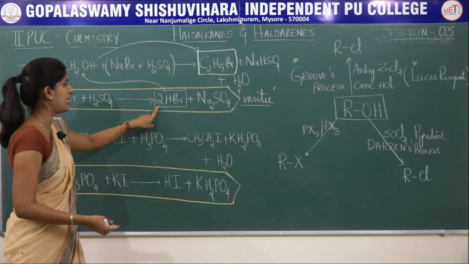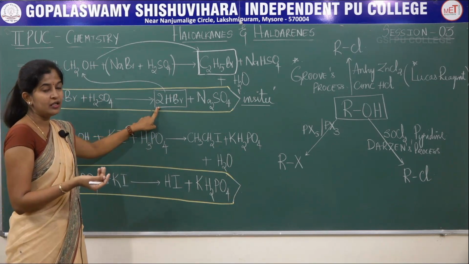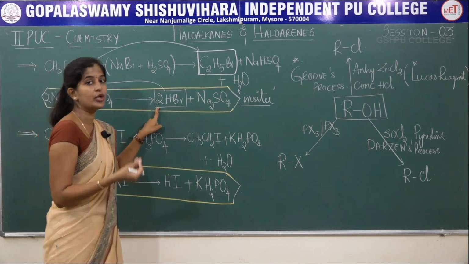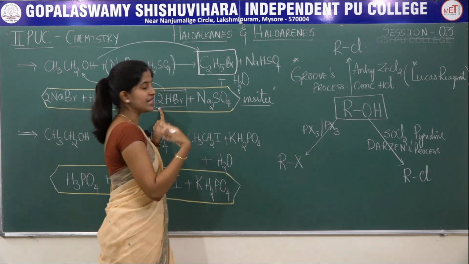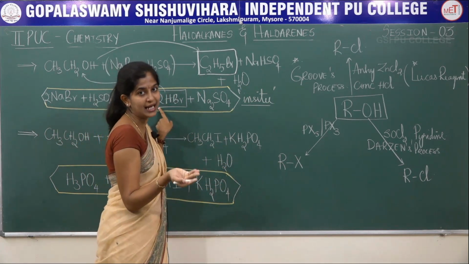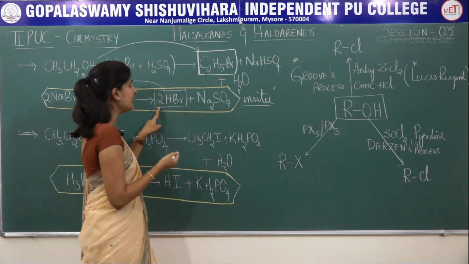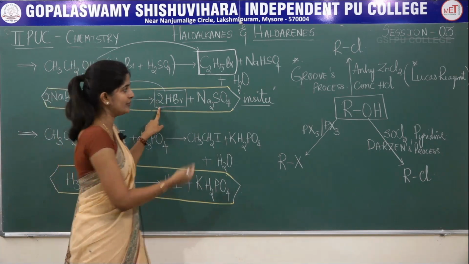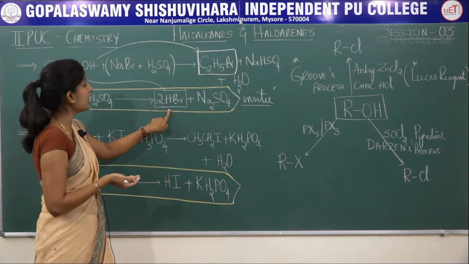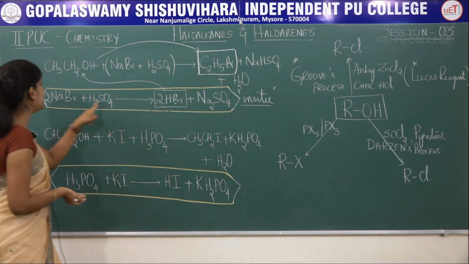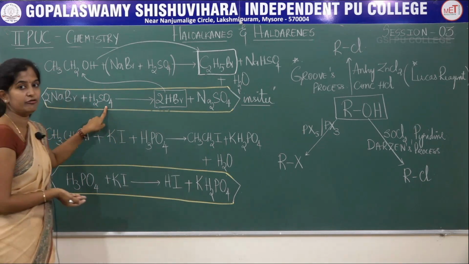Why is it prepared in situ? That is because you cannot prepare it at lab temperature and store it in a bottle as we do for HCl. HCl is a gas. You saturate it with water and you get hydrochloric acid. But hydrobromic acid is not as stable as HCl to be prepared and kept in bottles. Hence, HBr is prepared in situ by reacting sodium bromide and sulfuric acid.